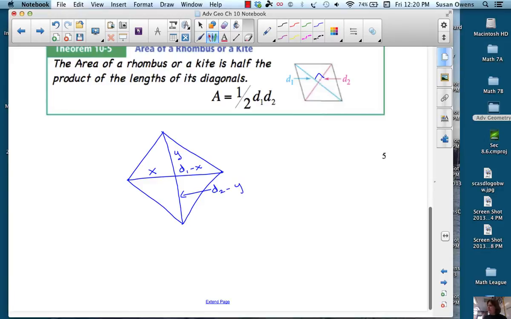Okay, so each one of these is a right triangle. So on the top I have 2 right triangles, and on the bottom I have 2 right triangles.